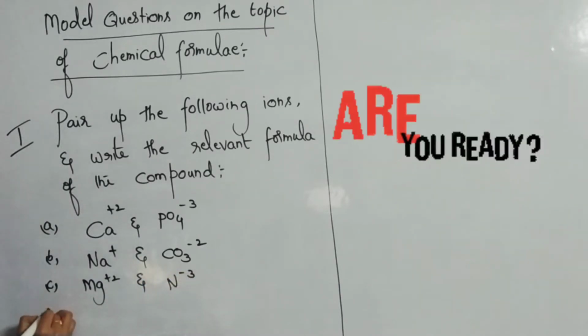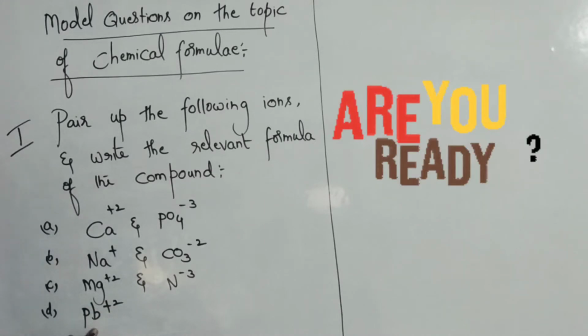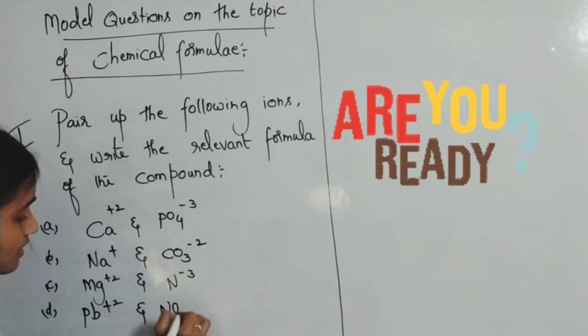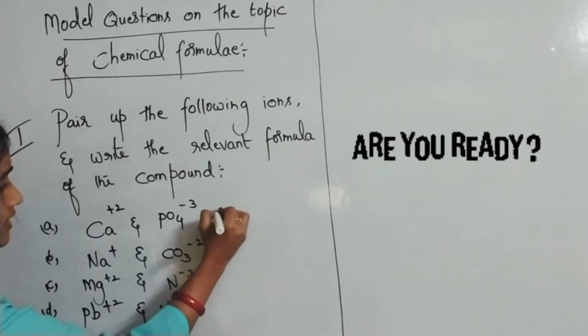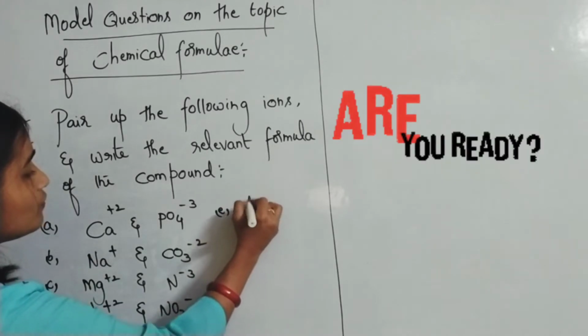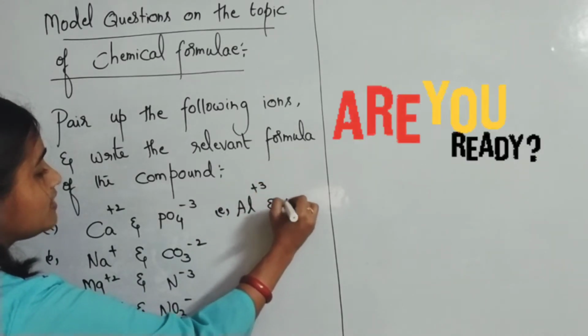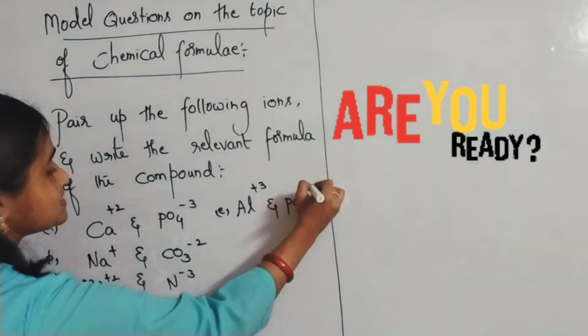Example 4, Pb plus 2, do you remember, lead, Pb plus 2 and NO3 minus. And E, Al plus 3 and PO4 minus 3.